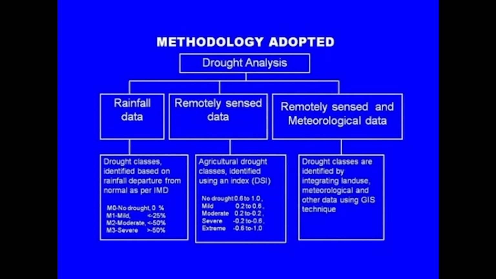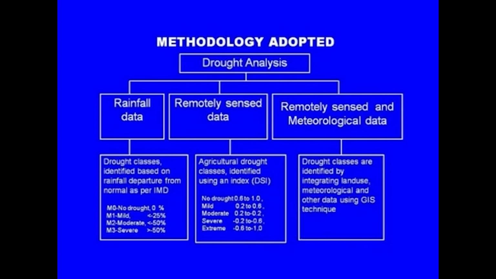If it varies from 0.2 to 0.6, then it is mild. If it is varying from 0.2 to minus 0.2, then the drought condition is moderate. Between minus 0.2 to minus 0.6, it is severe drought condition, and if the value is between minus 0.6 to minus 1, then it is extreme drought condition.